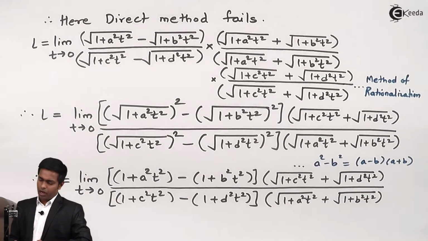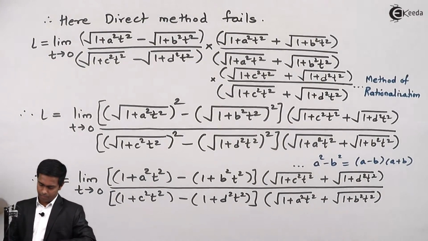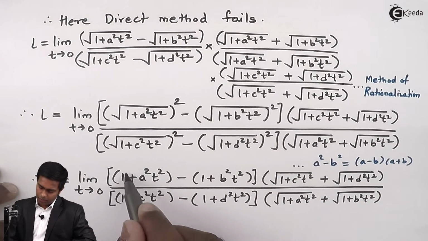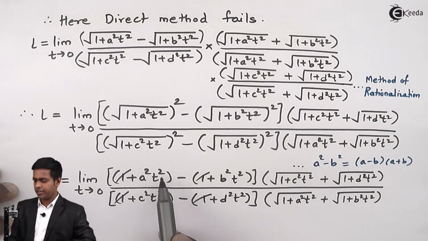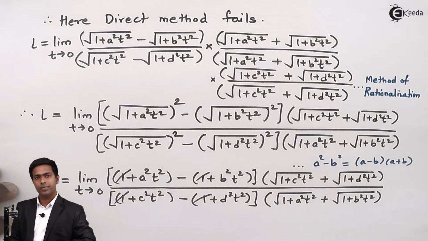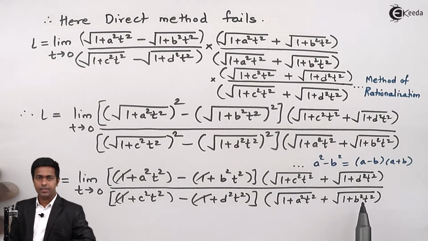Now after this we can cancel this plus 1 and minus 1 from numerator as well as from denominator, and here we will get a square t square minus b square t square, and here we will get c square t square minus d square t square. These two terms will remain as it is.